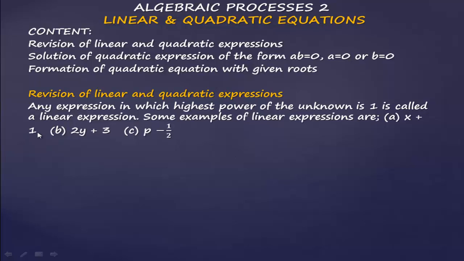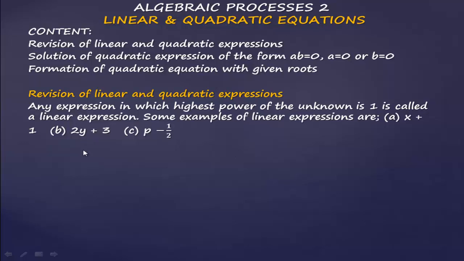That means A is a linear expression, and B, which is 2y plus 3, is also a linear expression. Why? Because the power, the index of the letter there, is just 1. Are you getting it now?